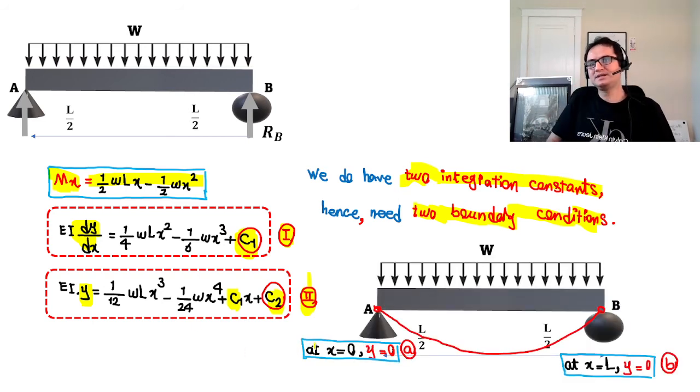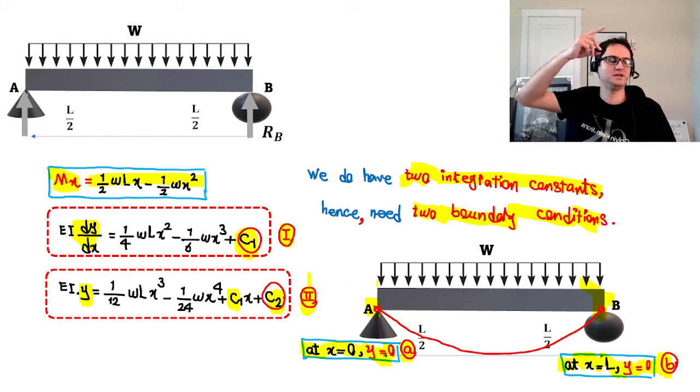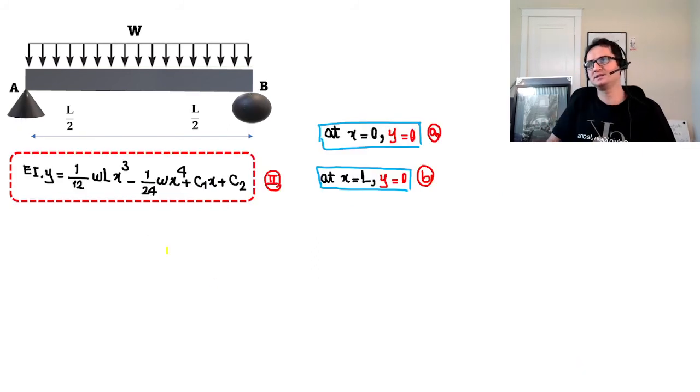At x equal to 0, y is equal to 0, which we call condition A, and at x equal to L, again y is equal to 0, because these are our supports. We cannot move any distance upper or lower than point A or B. Having these two conditions, we can get the constants easily.